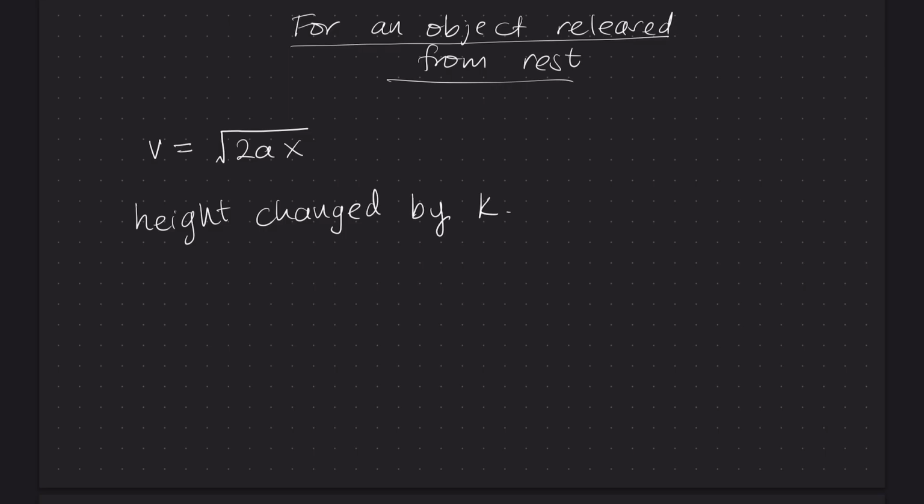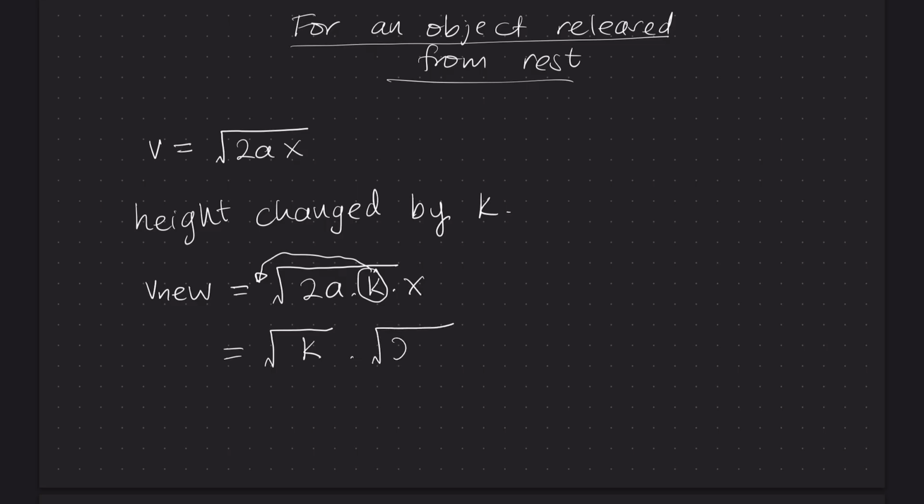Then the new velocity is going to equal the square root of 2a times k times x. We can do the same thing that we did earlier. We can take the k out, and that will be the square root of k multiplied by the square root of 2ax, which means that the new velocity will always be the square root of the factor that we changed the height by, times the initial velocity.